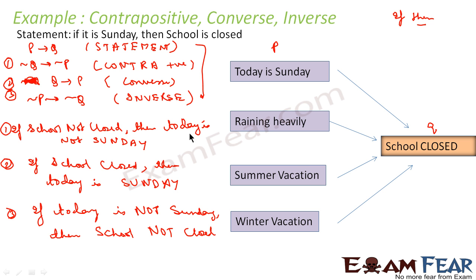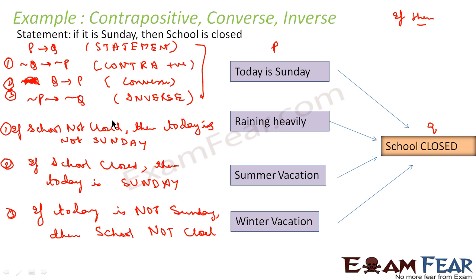Similarly, the converse format is Q implies P: if school closed, then today is Sunday. For the inverse, not of P implies not of Q: if today is not Sunday, then school is not closed. So this is the step to write the contrapositive, converse and inverse.